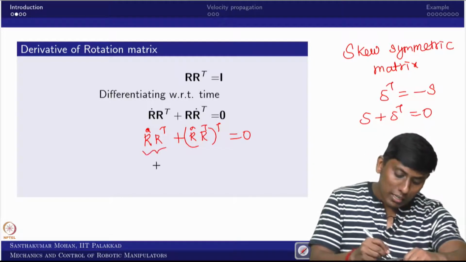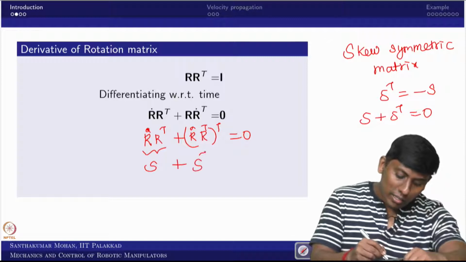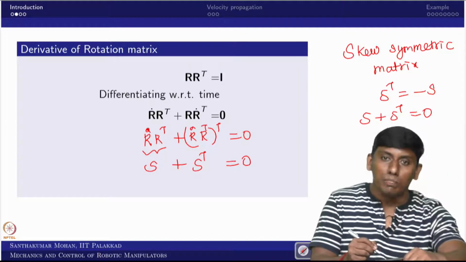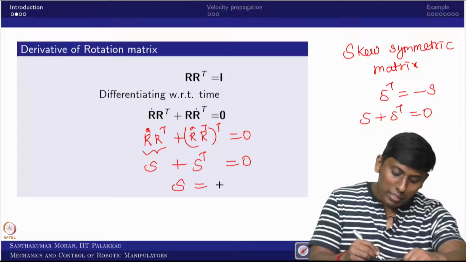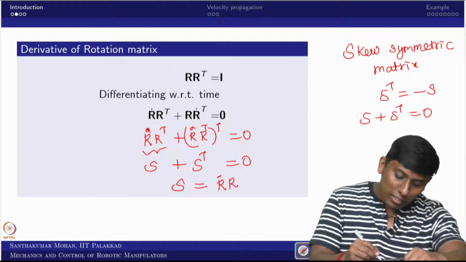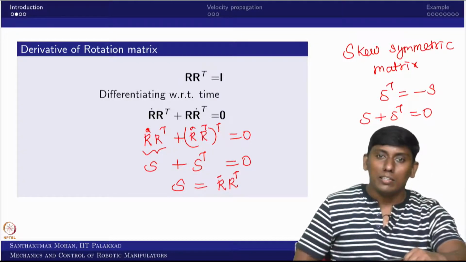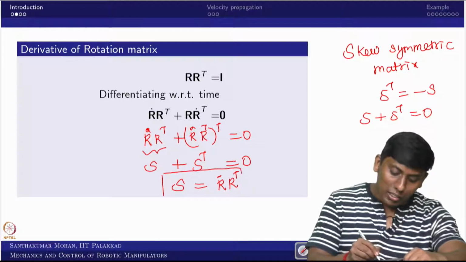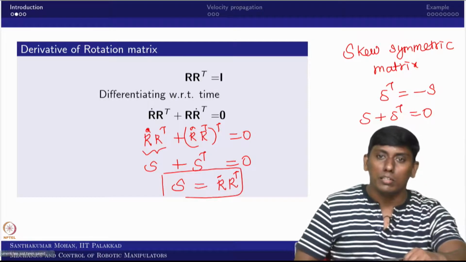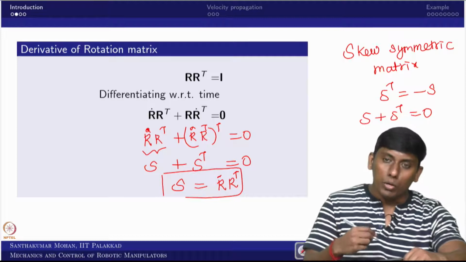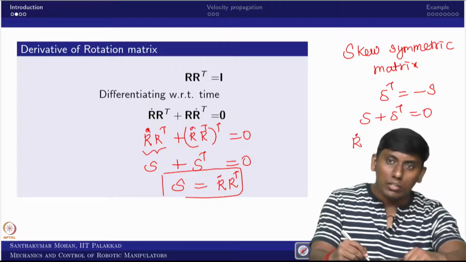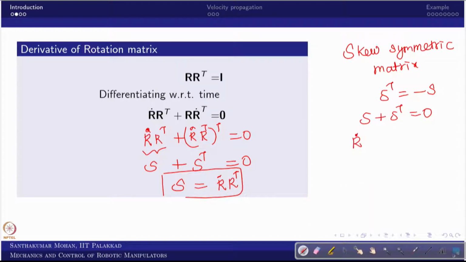So I can write this as S plus S transpose equal to 0, in the sense that S can be written as R dot R transpose. So R dot R transpose is a skew symmetric matrix.